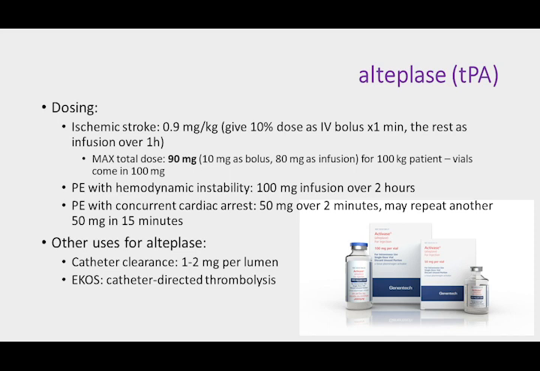It is not the case for PE, because for PE you can give the whole bottle over 2 hours, or with cardiac arrest with suspicion of a PE, we can give a bolus of half a bottle, which is 50 milligram over 2 minutes, and repeat another 50 milligram in 15 minutes.